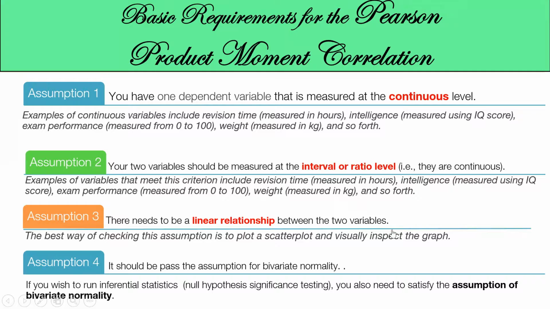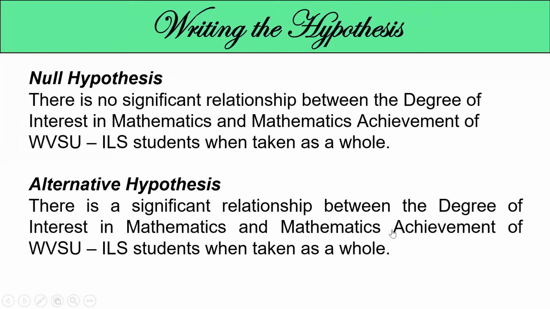Given that all of these assumptions are met, we may now do the statistical test for Pearson product moment correlation. The first step, of course, is always writing the hypothesis. The null hypothesis, the keyword is no significant relationship.